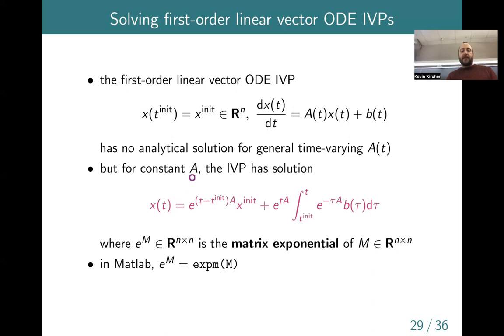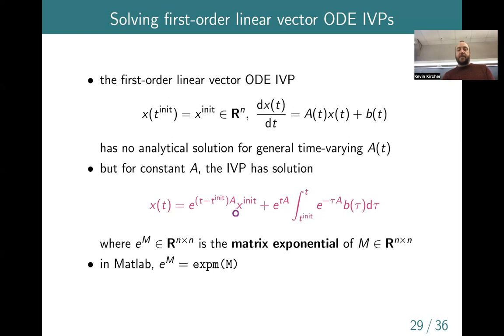So if A is just an n by n matrix, then this thing, it turns out, has a solution that looks almost identical to the one that we wrote down in the scalar case. So it's e to the, this is a scalar thing here, t minus t initial, that's just some number. But now we have e to a number times a matrix. So this is the matrix exponential that I mentioned earlier.